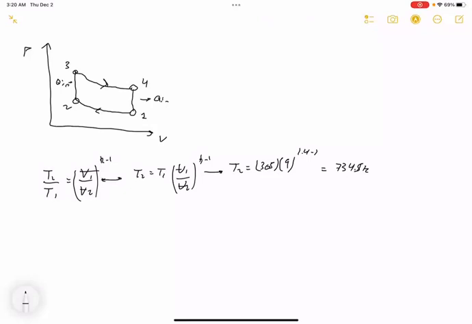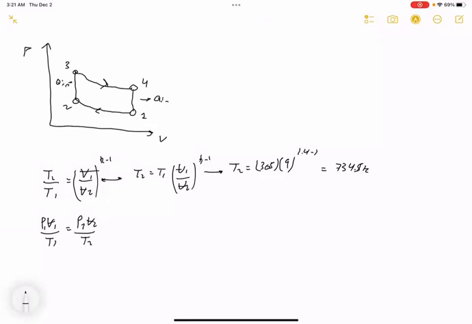Now we can also find the pressure at state 2. We're going to use the ideal gas law. So we're going to say that P1 V1 over T1 equals P2 V2 over T2.